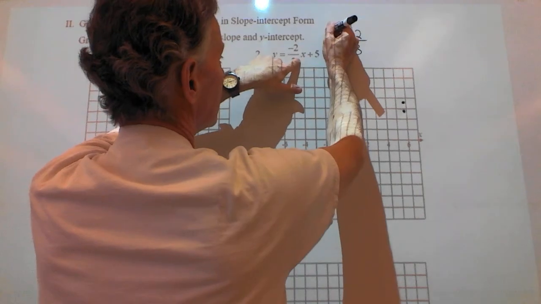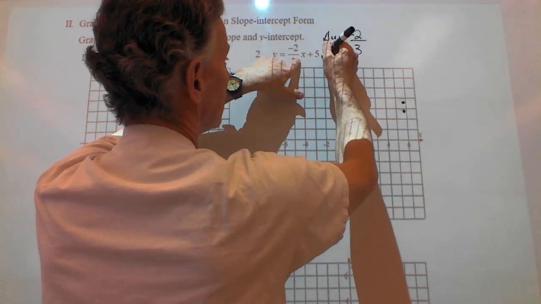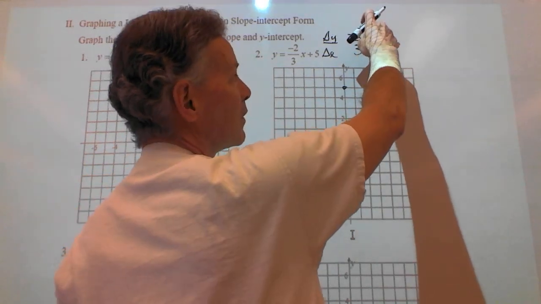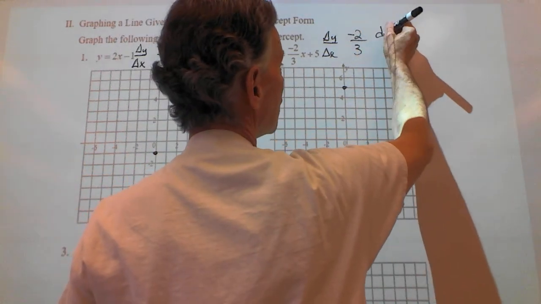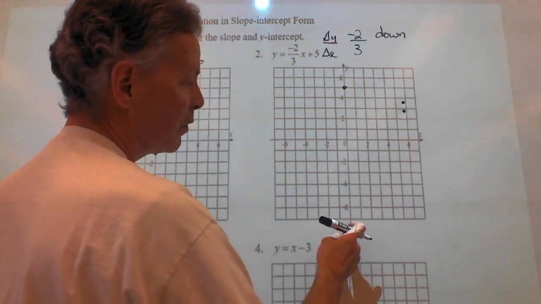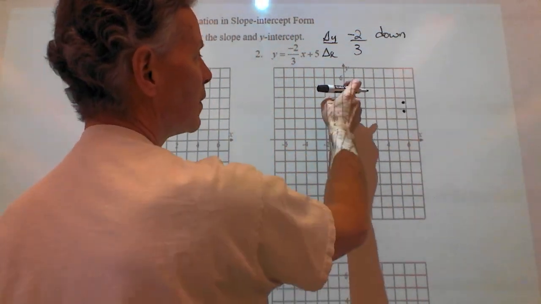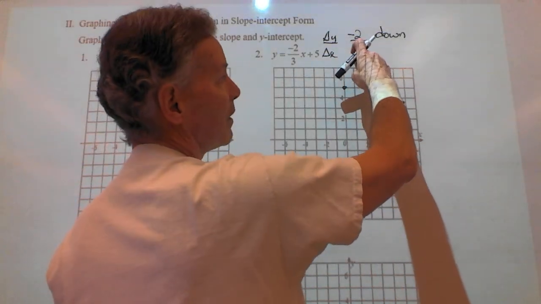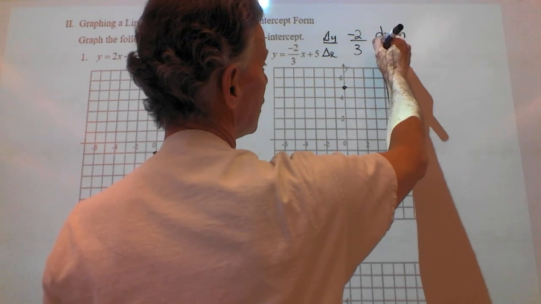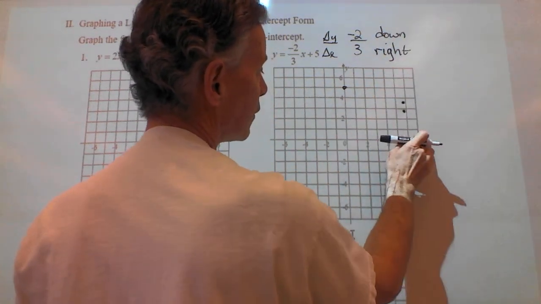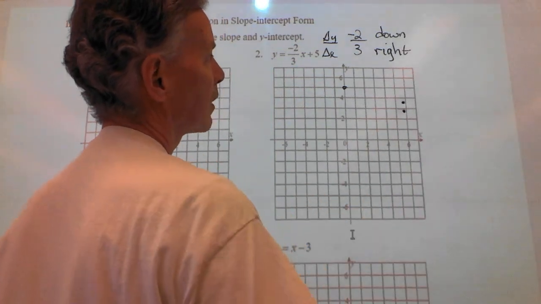Similarly, over here, change in y over change in x means this time, because our y is negative, we're going to go down. Remember, down takes you towards the more negative numbers, up takes you towards the more positive ones. Because our delta x is a +3, we're still going to go to the right. Okay? Again, because right takes us to more positive numbers on the x-axis.